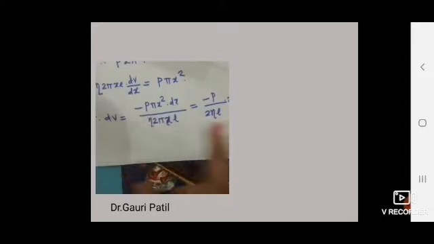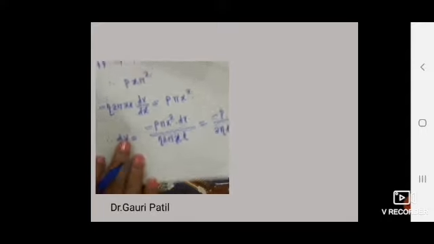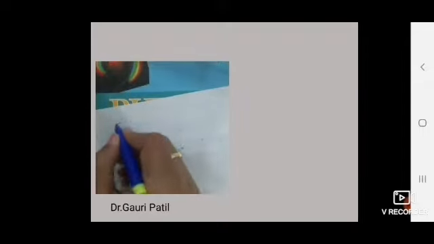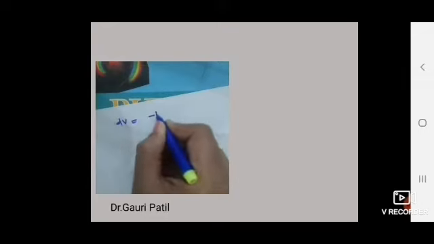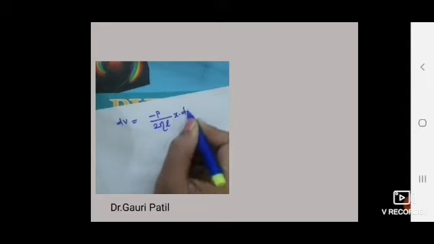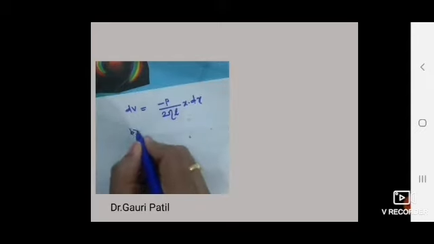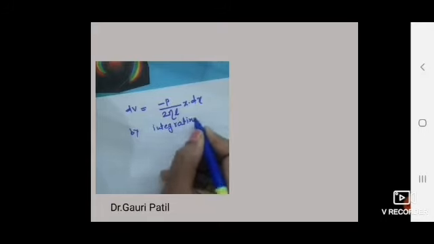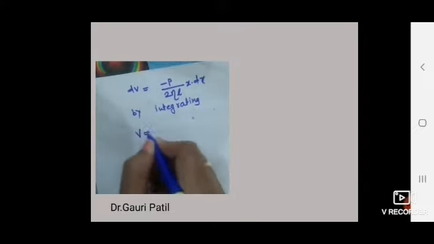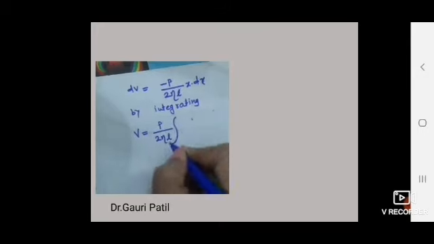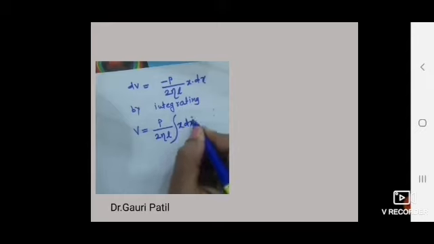Integrating this equation, we get v is equal to the integration of dV. Here the constant 2 eta L we put outside and integrate x dx.